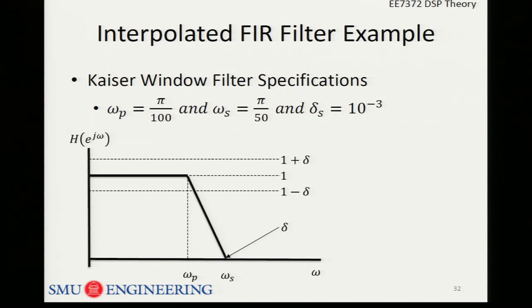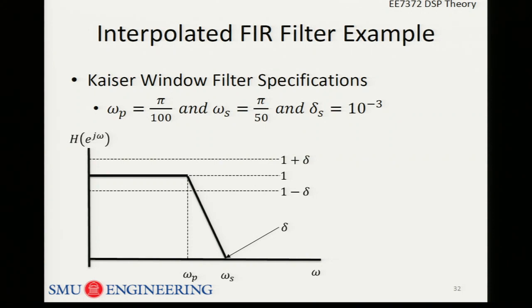So here's the example I'm going to take. And this is not drawn to scale. I'm going to sketch it on the pad here, but imagine we're going to use that Kaiser window filter spec design. So remember the Kaiser window, the nice thing about using that is it had a bunch of canned equations and recipes, and you could just go through and fill in the blank, and it would tell you the order of the filter, and it'd tell you how to calculate the coefficients.